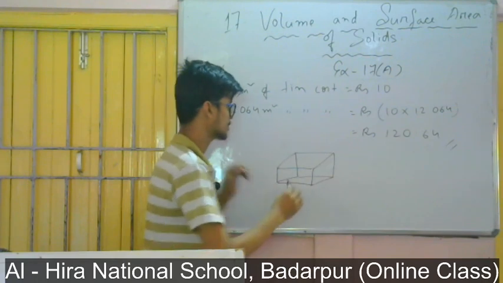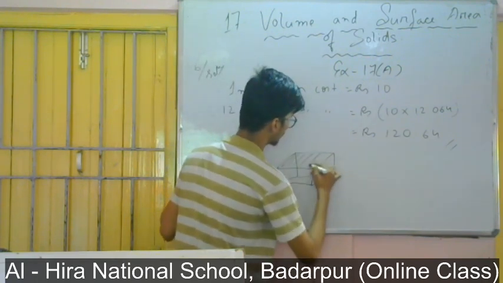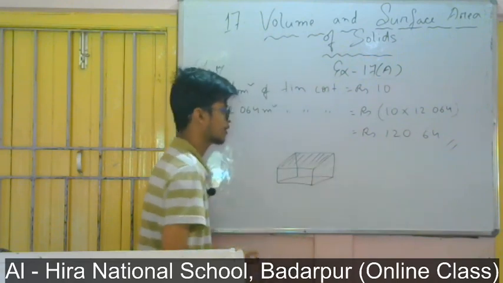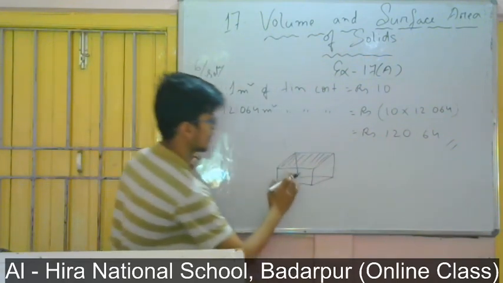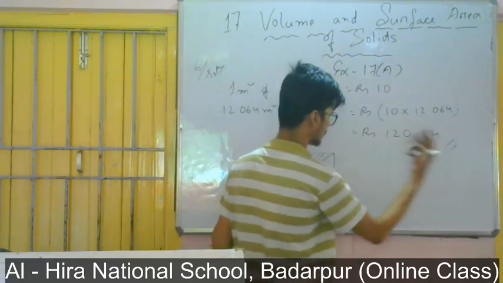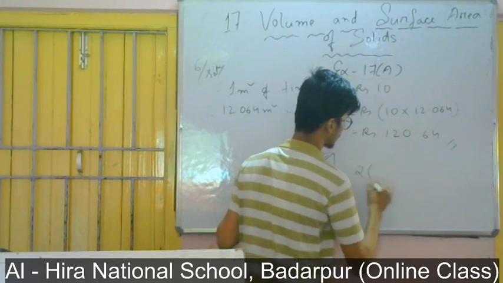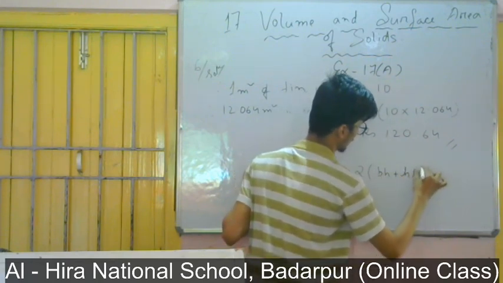The question says that you have to keep it open, that means no need of lid. So after leaving the lid, what sides are left? Only the 4 walls and 1 base. We know the formula for the lateral surface area: 2 into (BH plus HL).